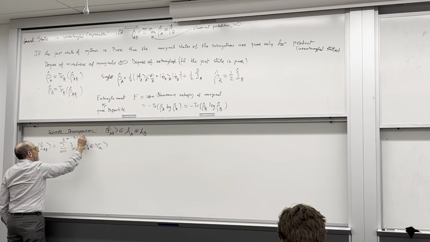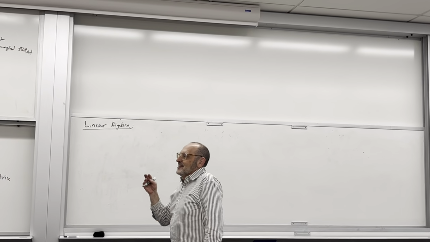So let's remind ourselves, or tell you something if you've never seen this, about the singular value decomposition. This is a piece of linear algebra. I like to think about this abstractly in terms of operators rather than just a bunch of matrix manipulation, because I find it clearer to understand what's going on.